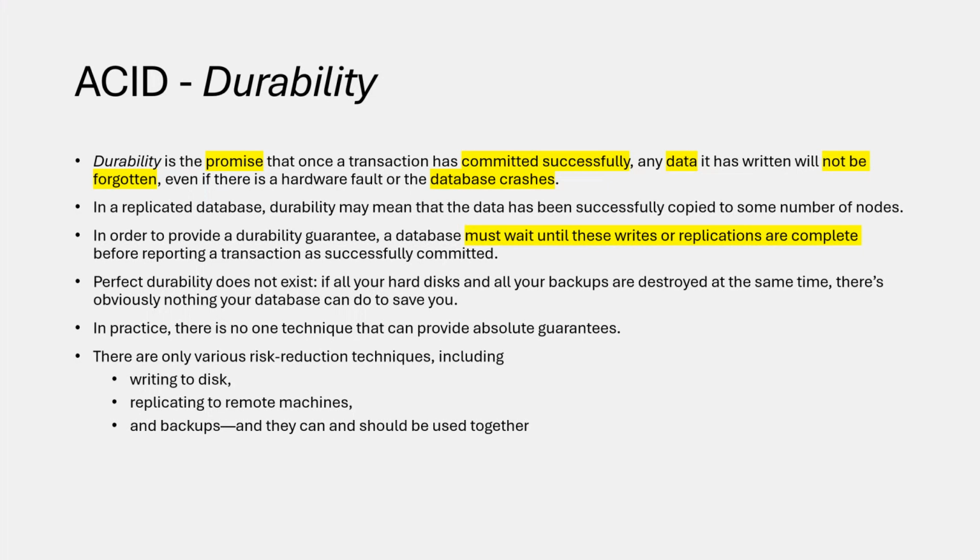In order to provide a durability guarantee, a database must wait until these replications are complete, until all the connected systems have got the replication successfully, and only then report that the transaction has been successfully committed.